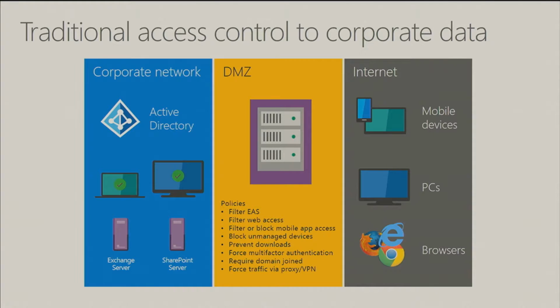I will say when Intune, or when EMS, entered the EMM market, the standard that we saw out there was that there were corporate networks that had corporate data. There was an internet that had a bunch of devices and web browsers and things like that. And then there was a gateway that stood in the middle, or a VPN server or something, that was filtering data and providing access control.